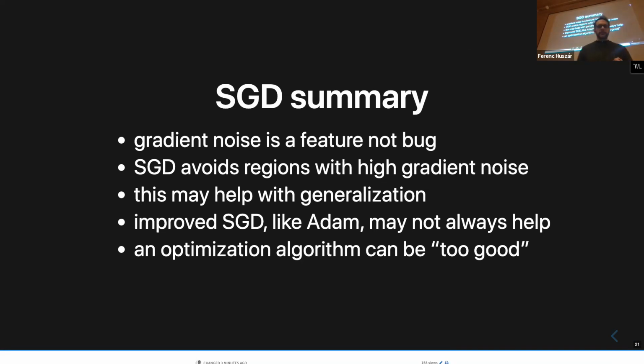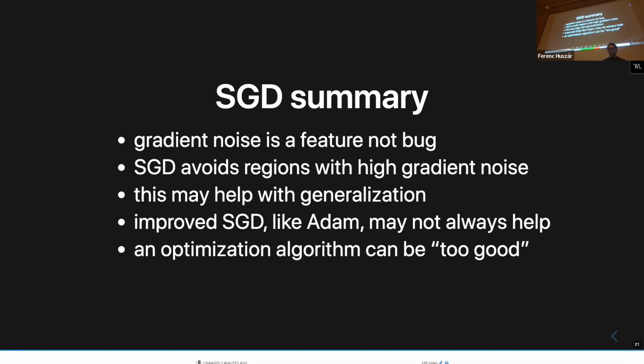Another important thing to keep in mind is that there are a lot of different improved versions of SGD that you should use, things like Adam, but also be aware of the fact that they may not be the best for your problem, particularly from the perspective of generalization. And also there are optimization algorithms that people have developed that turn out to be too good at optimizing, but at the cost of diminishing performance from a machine learning point of view.